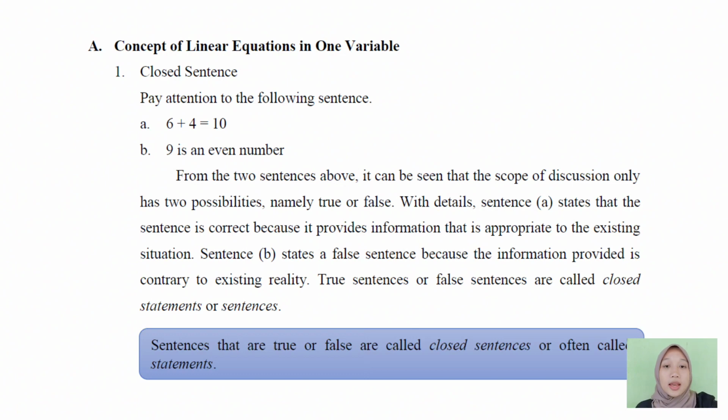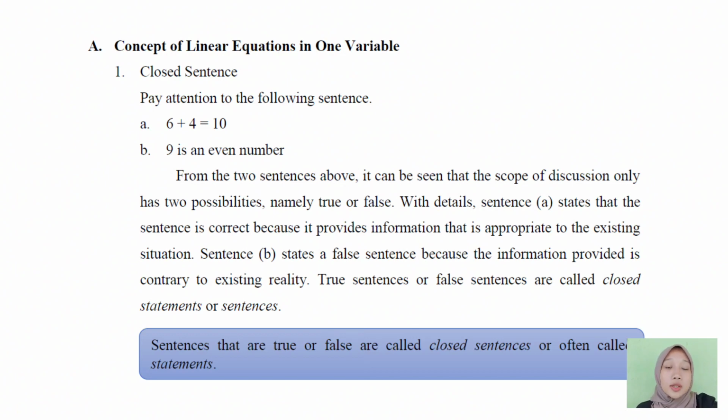Point A, 6 plus 4 equals 10. And point B, 9 is an even number. From the 2 sentences above, it can be seen that the scope of discussion only has 2 possibilities, namely true or false. With details, sentence point A states that the sentence is correct because it provides information that is appropriate to the existing situation.